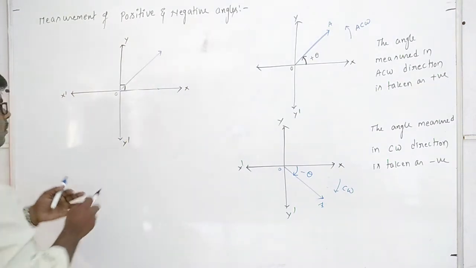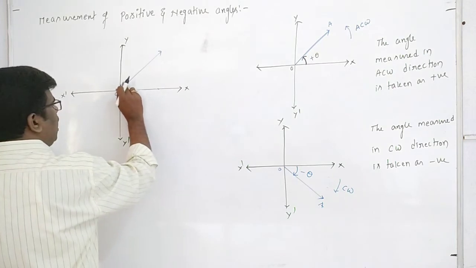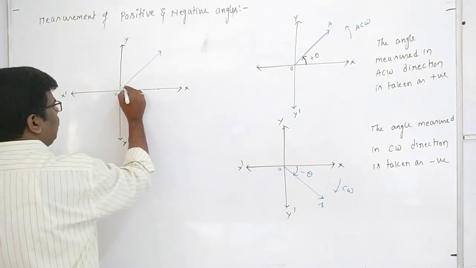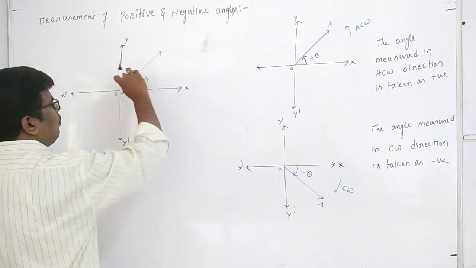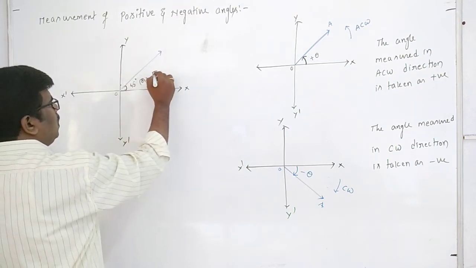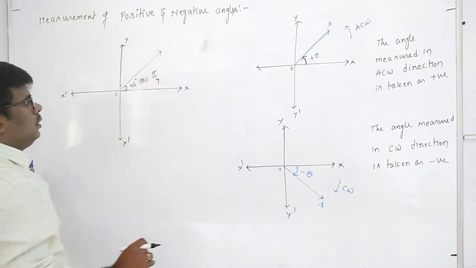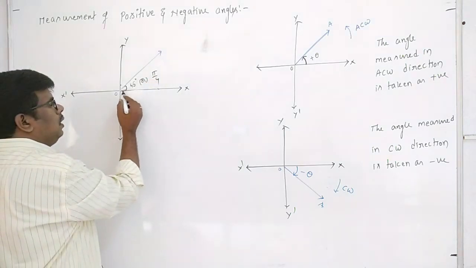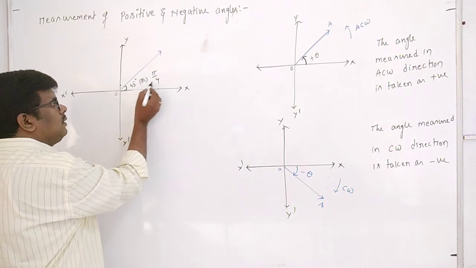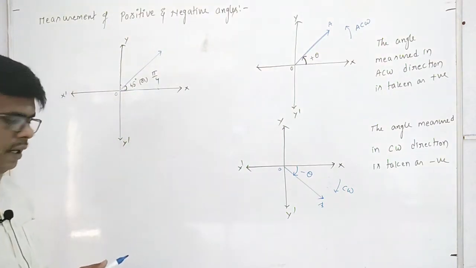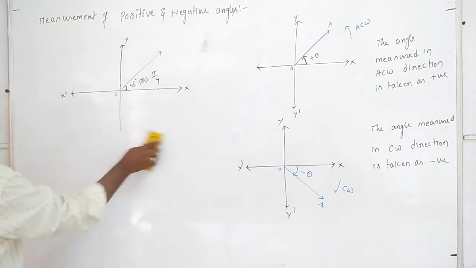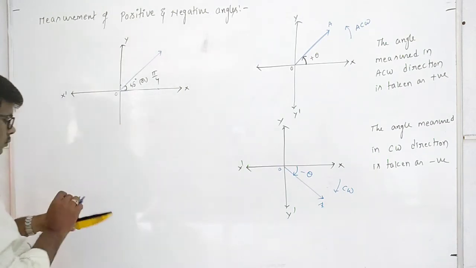The angle between them is half of 90, that is 45 degrees, or else in radians we can write half of pi by 2, that is pi by 4. So the half is pi by 4 radians, that is 45 degrees.